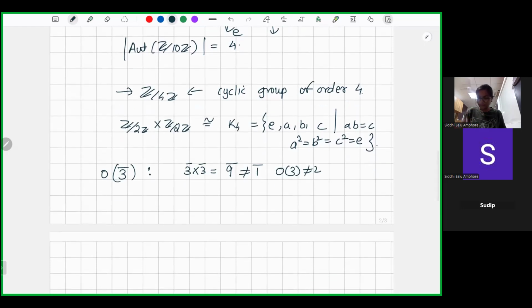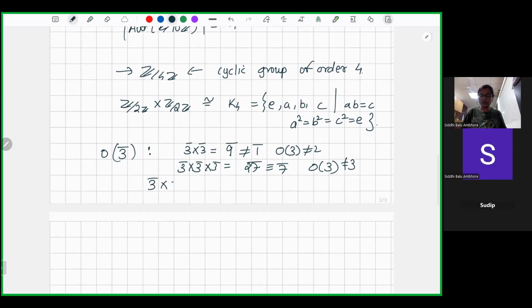Then 3 bar into 3 bar into 3 bar is 27 bar, which is 7 bar in Z10, so the order of 3 is not 3.